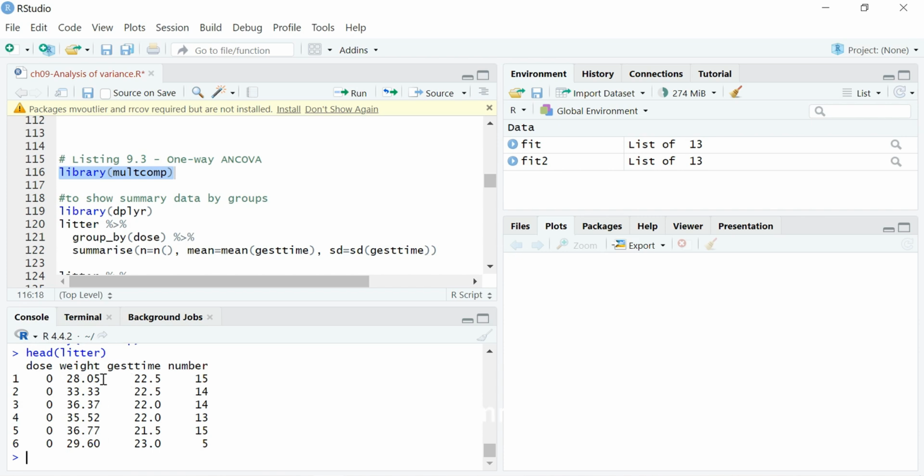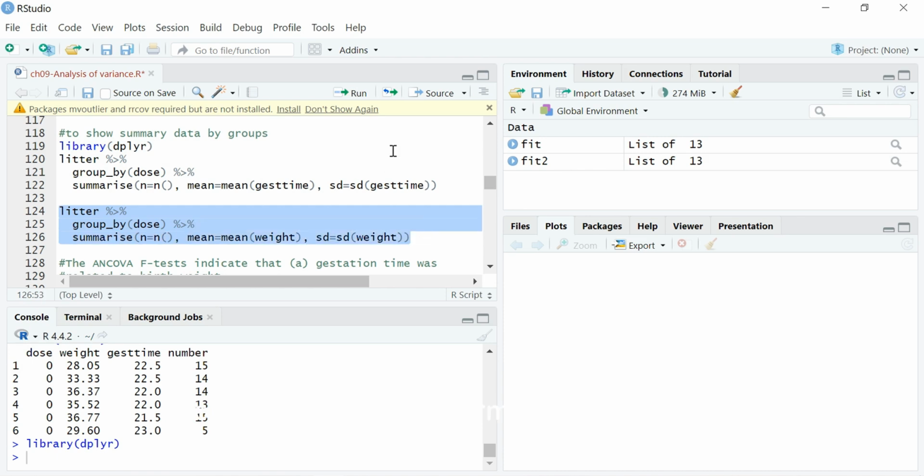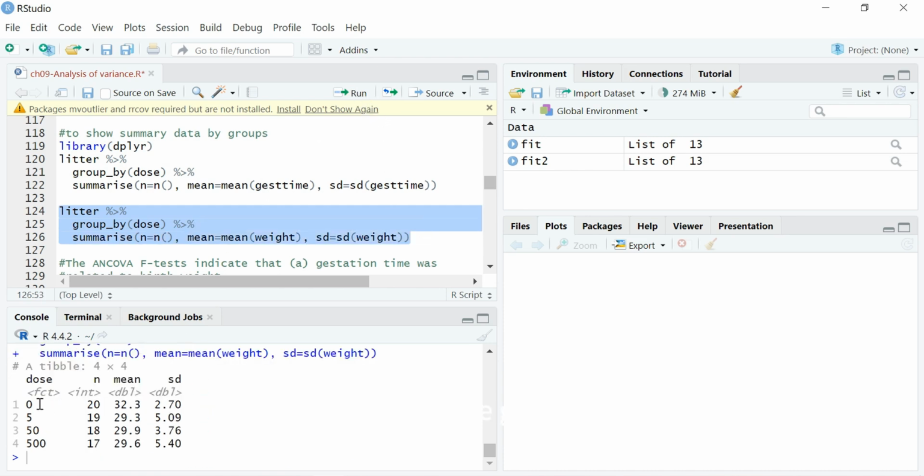We also use the dplyr package to show the information more clearly by group, with the number of observations, mean values, and standard deviation. You can see the mean value for this group is very large compared with the other three groups.